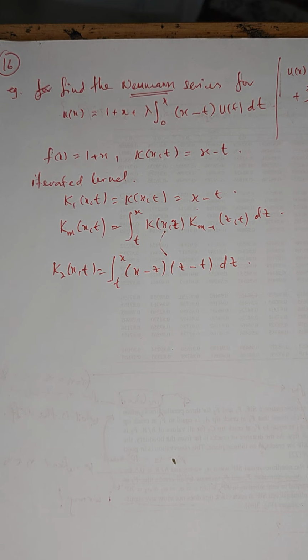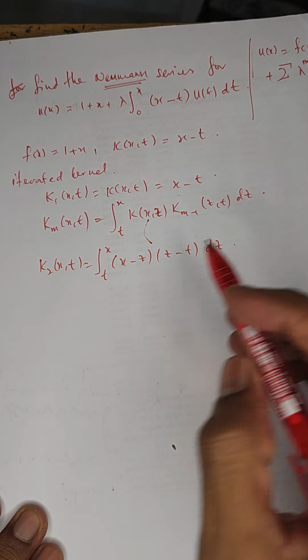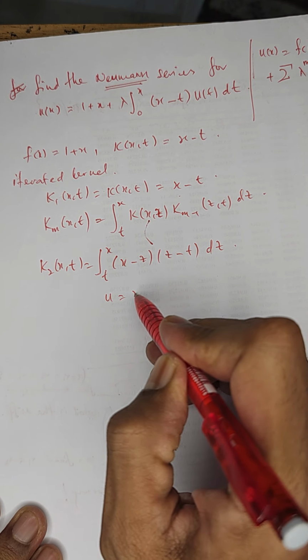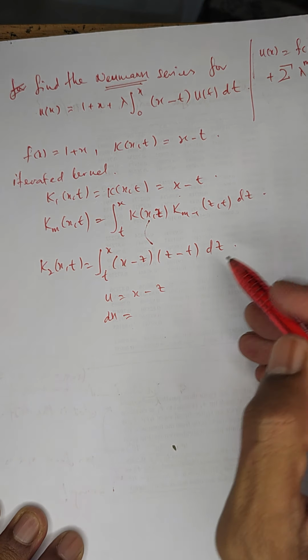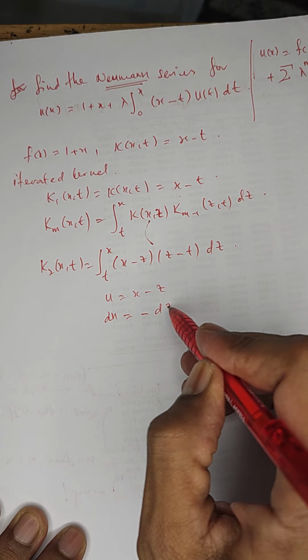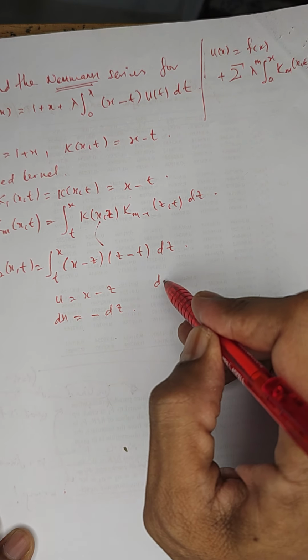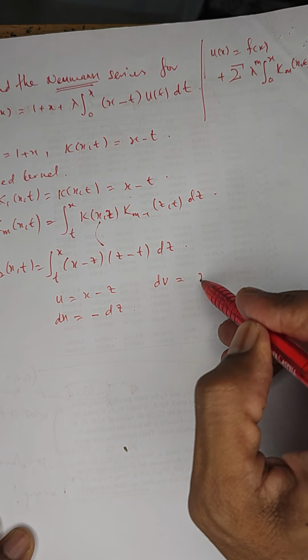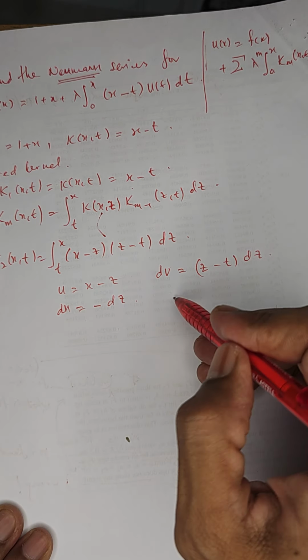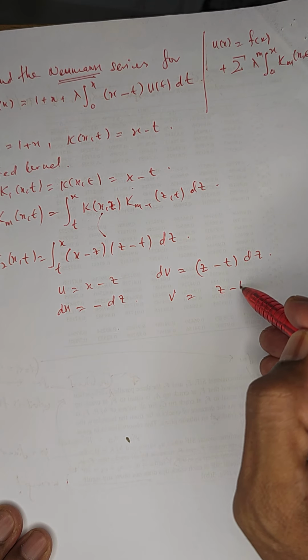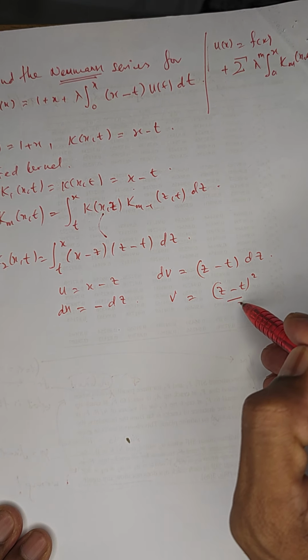I don't have to show you all the detail of the integration by parts. You should know those things. Just take u as x - z, then differentiate with respect to z, so you get negative dz, and take dv as (z - t) dz, then v is actually (z - t) squared over 2.